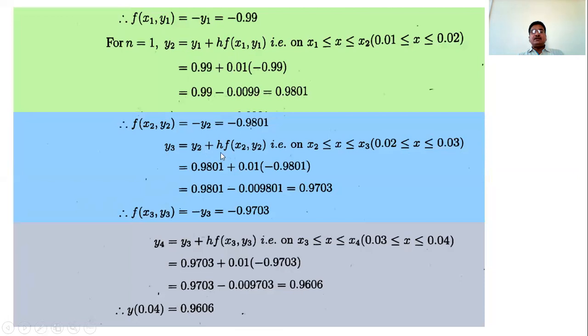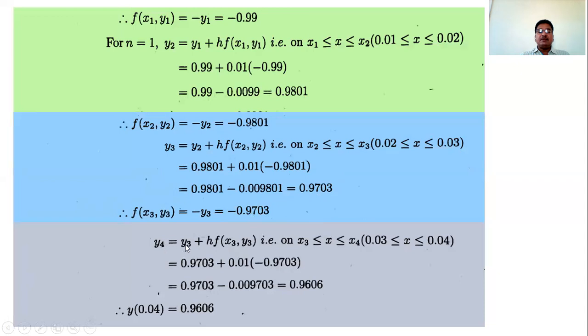What is y3? y3 is the value at 0.03, that is y2 plus h f(x2, y2). Substitute the values of y2 and x2 and h, and we get the answer 0.9703. This is the value of y3, means the value of y at 0.03.